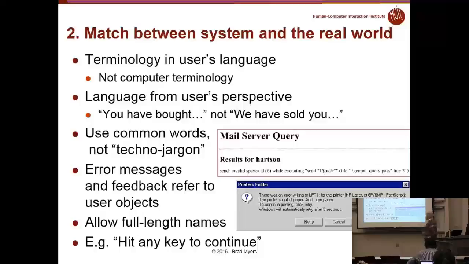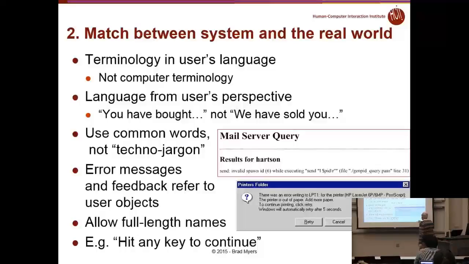Error messages and feedback should refer to the objects that users actually are referring to, hiding all the details internally. So here's a printer error. There was an error writing to LPT1: for the printer HP LaserJet 6P, right? So why do they even bother with this LPT1 thing? It's an old-fashioned Windows mechanism, or Unix, I don't even remember, which nobody uses anymore.